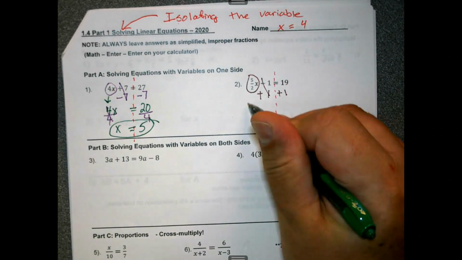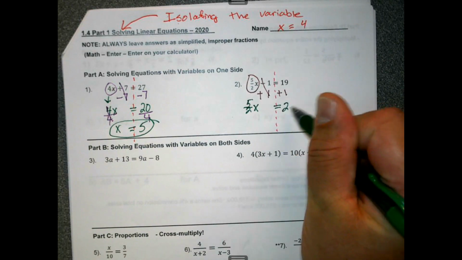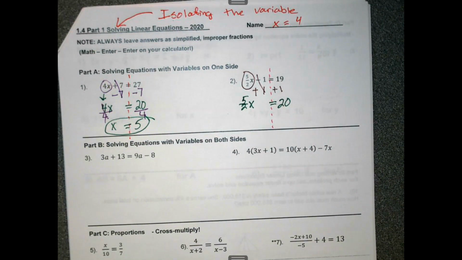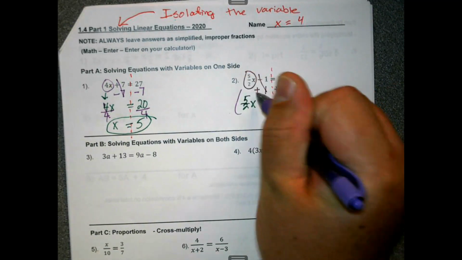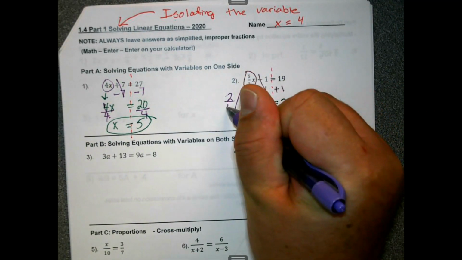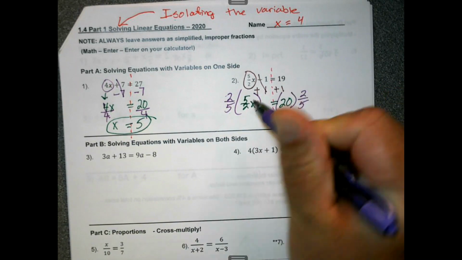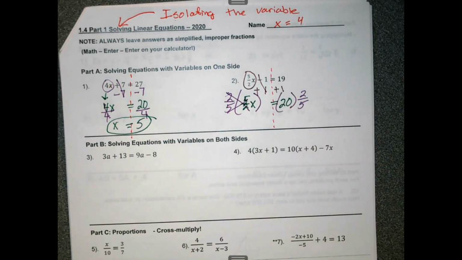And I get 5 halves x equals 20. Now, I could multiply both sides by 2, then divide by 5, but the easiest way to get rid of a fractional coefficient is to multiply by the reciprocal, 5 halves times 2 fifths, because all of this cancels to 1, and I get my x.